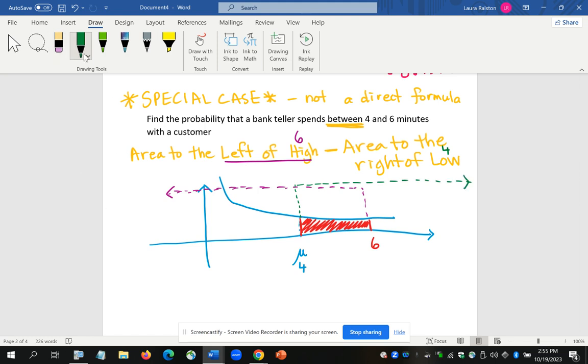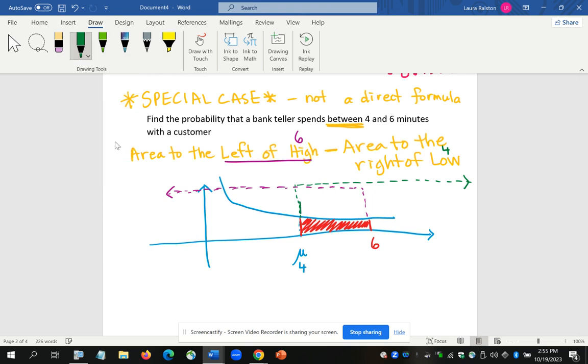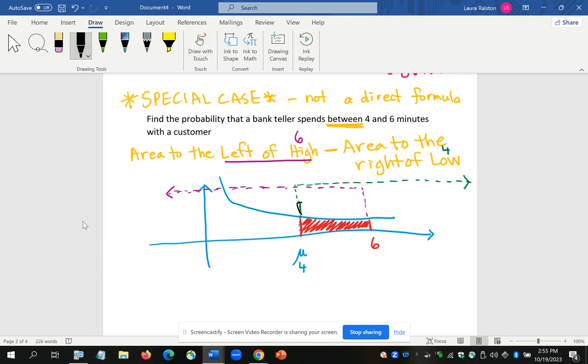And if you'll notice the overlap, if you subtract the two, where you have the overlap is actually the between. Okay, but you cannot do it directly. You have to do two separate calculations.